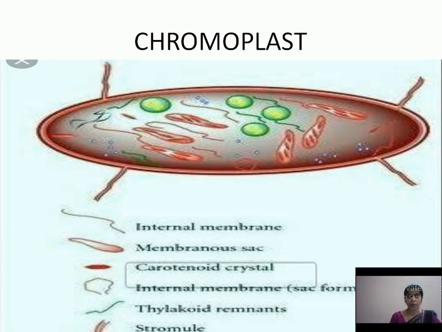Chromoplasts have carotenoid pigments. These are the carotenoid crystals inside. These help in the color change in leaves, fruits and flowers. The main reason is the structure and the color attracting pollination.